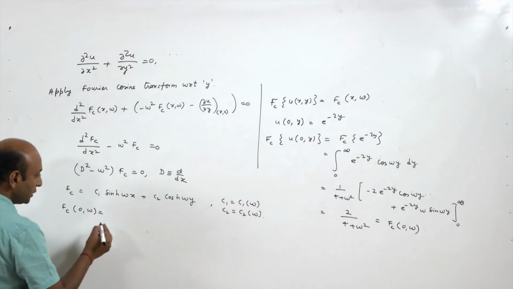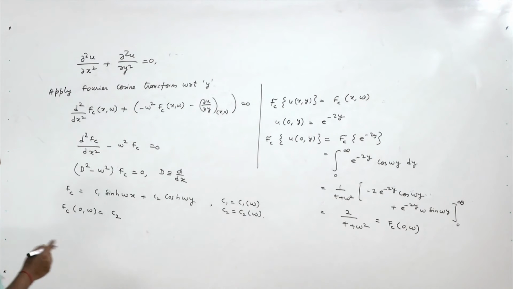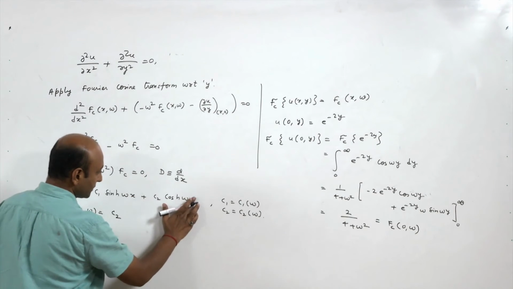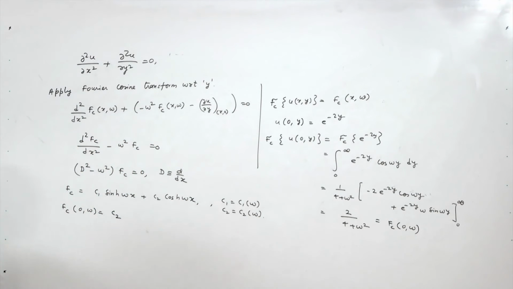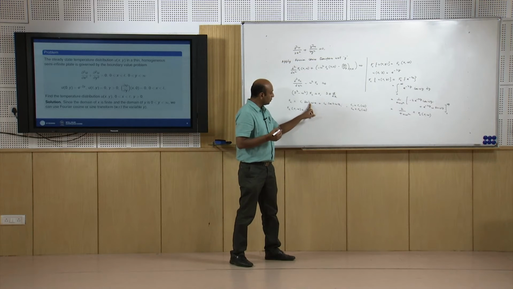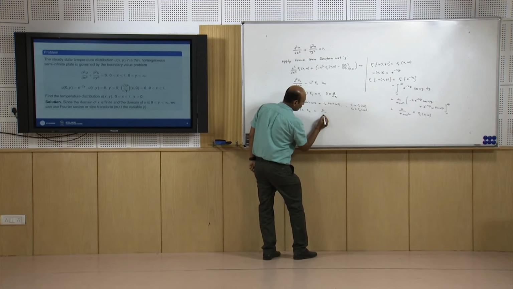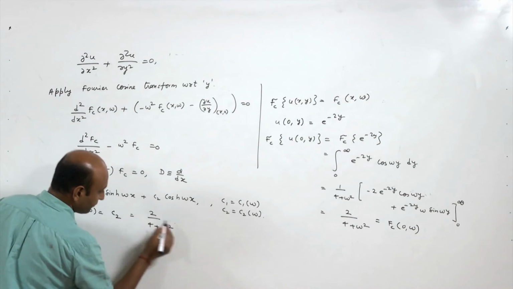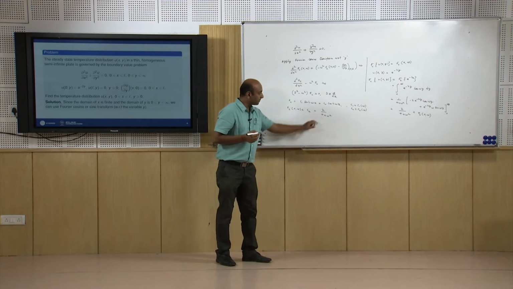So, it is nothing but c2. You are putting x equal to 0, so it is 0 and it is 1. So, it is c2, and c2 will be 2 upon 4 plus omega square. In this way c2 can be obtained.